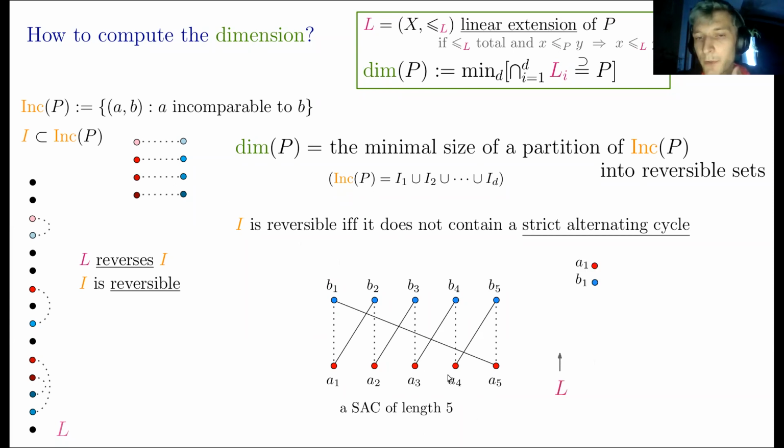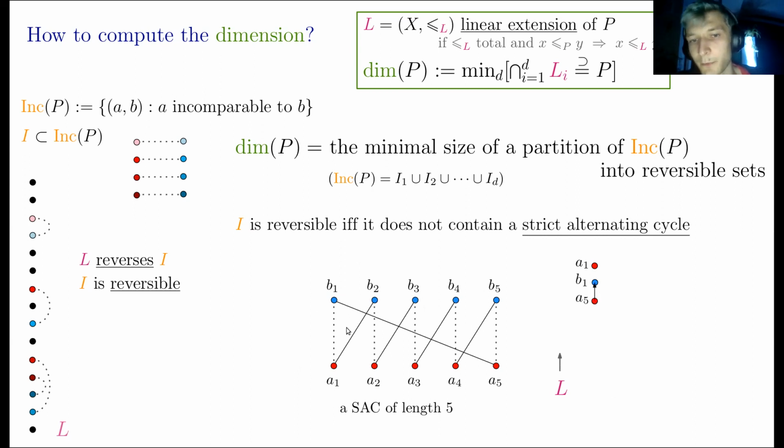So suppose that we have a strict alternating cycle in I, and suppose that it's reversible. Yes. So this is one of the directions. Now I have a linear extension which reverses this cycle. But if it reverses it, then A1 is above B1, this first pair.